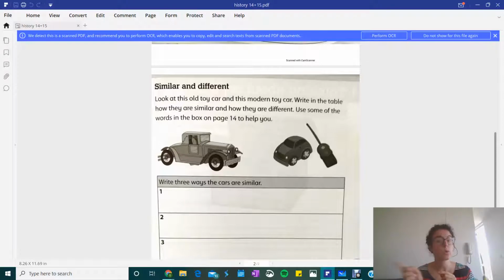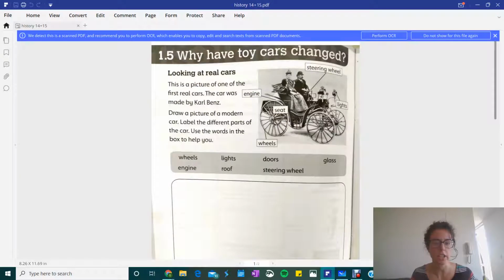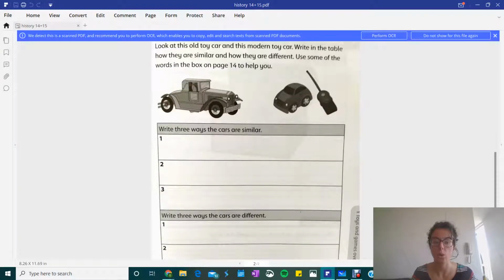So these are not real cars. These are toys. Use some of the words in the box on page 14 to help you. So the box that they are talking about is this box right here. Okay? So using that new vocabulary to talk about how this toy is different or similar to this toy.